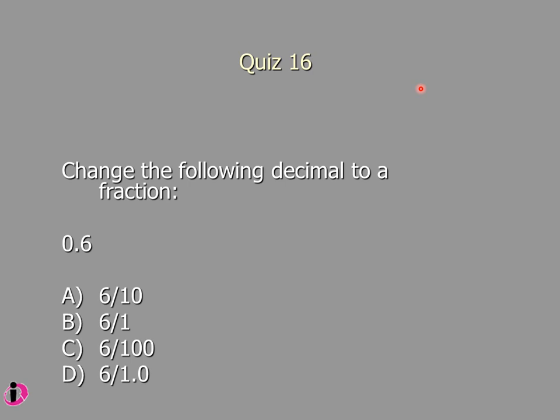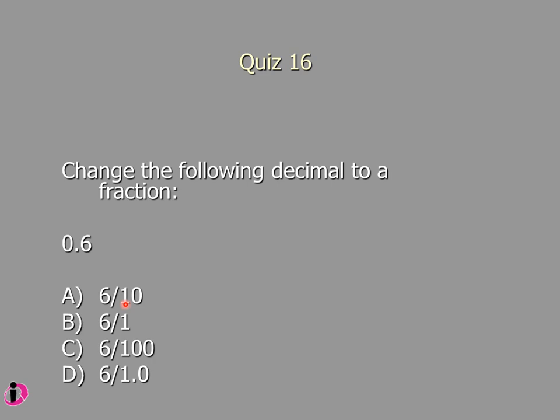Let's look at a couple of examples here. So if I change this decimal to fraction, the first thing would be 6 over 10. But this is probably not the final answer, because this is not in the lowest term, right? We may not always want the simplest form here, but we can do it.